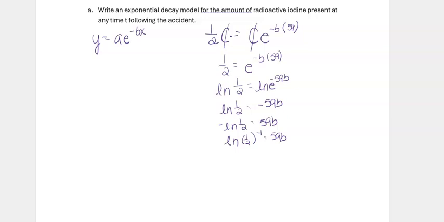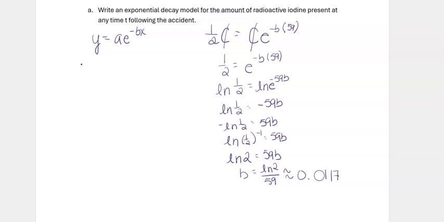Now, if I take 1/2 and raise it to the negative 1, that's the same thing as saying natural log of 2 equals 59b. So if I'm solving for b, I get b equals the natural log of 2 divided by 59. And when I type that into my calculator, I get b is approximately 0.0117.